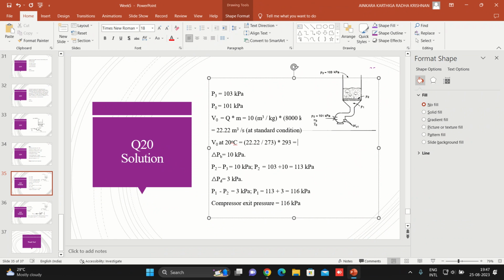So the answer is 22.22 into 293 divided by 273, it is 23.85 meter cube per second.